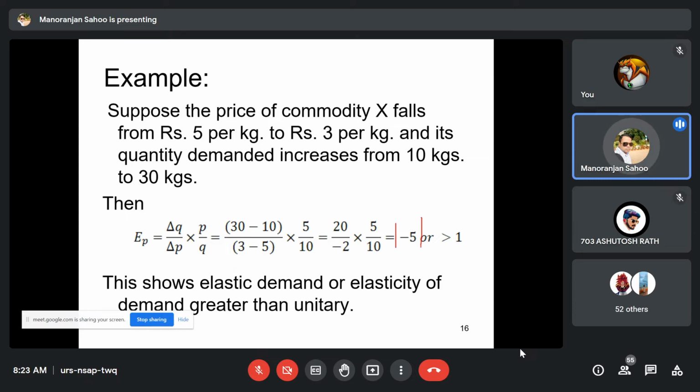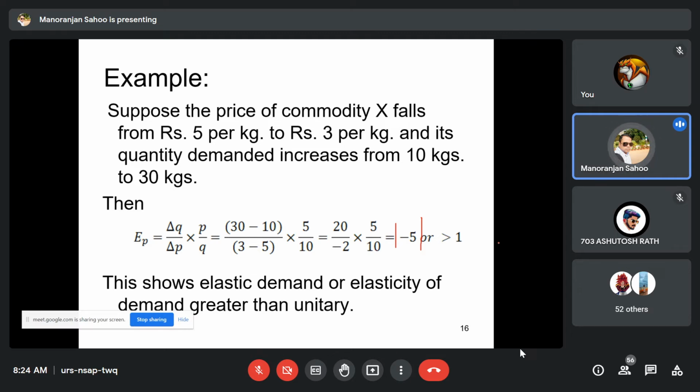How much will the elasticity value be? It will be delta q by delta p into p by q, where delta q is the change in the quantity demanded, delta p is the change in the price, p is the original price, and q is the original quantity. Then the price elasticity will be minus 5, and the mod value of minus 5 is greater than 1.